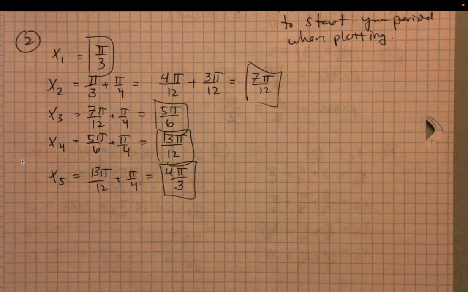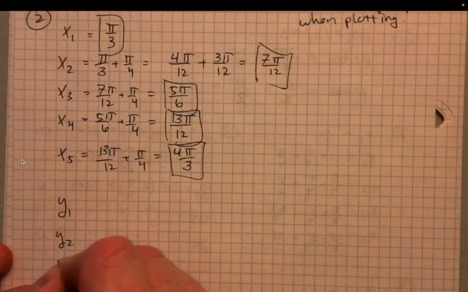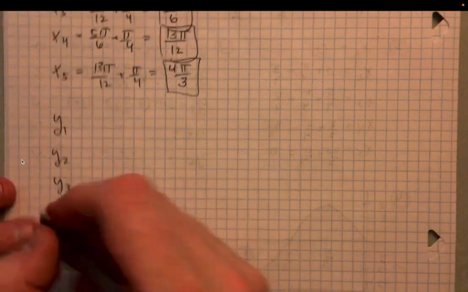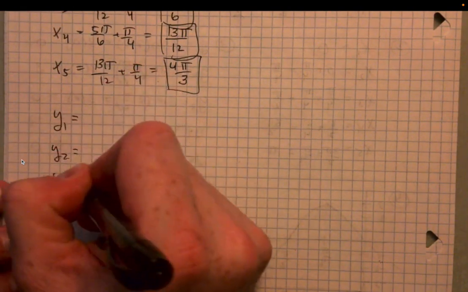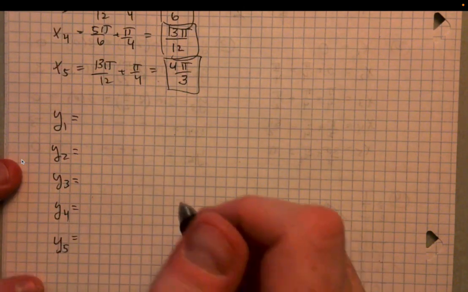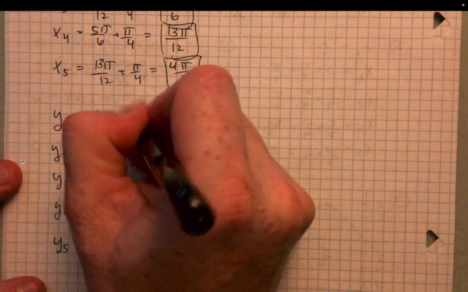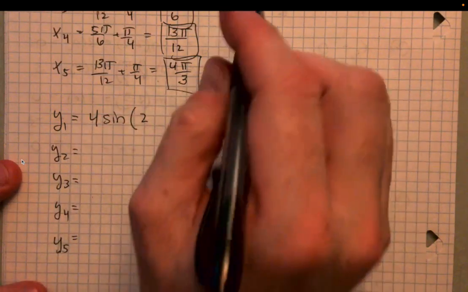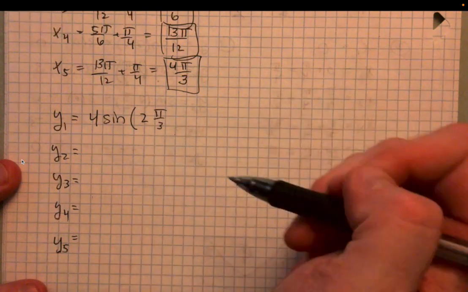Okay. So what's our y1, y2, y3, y4, and y5 equal to? Well, y1 is, again, let's just write it all out here, 4 times the sine of 2 times pi over 3. That's the x1 there.